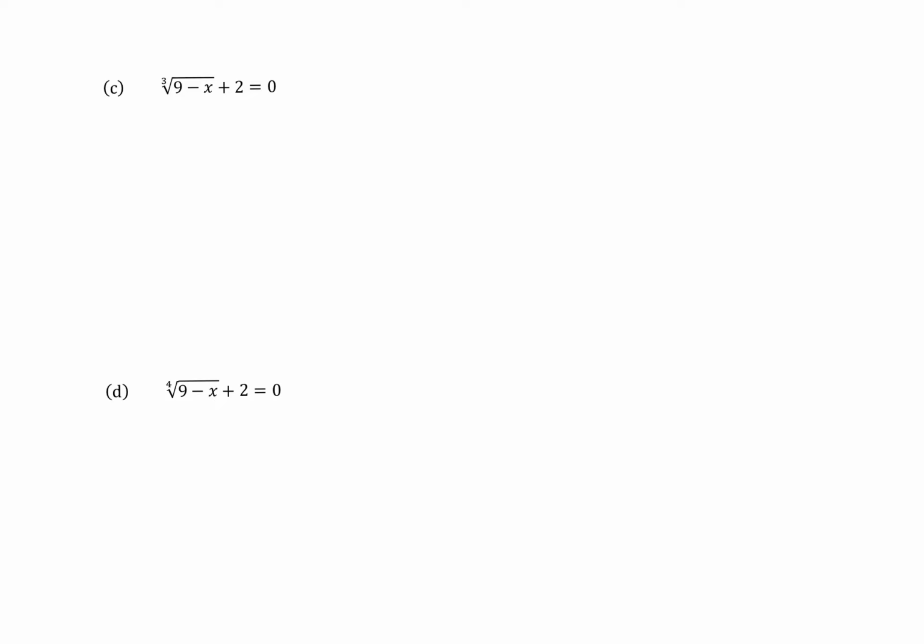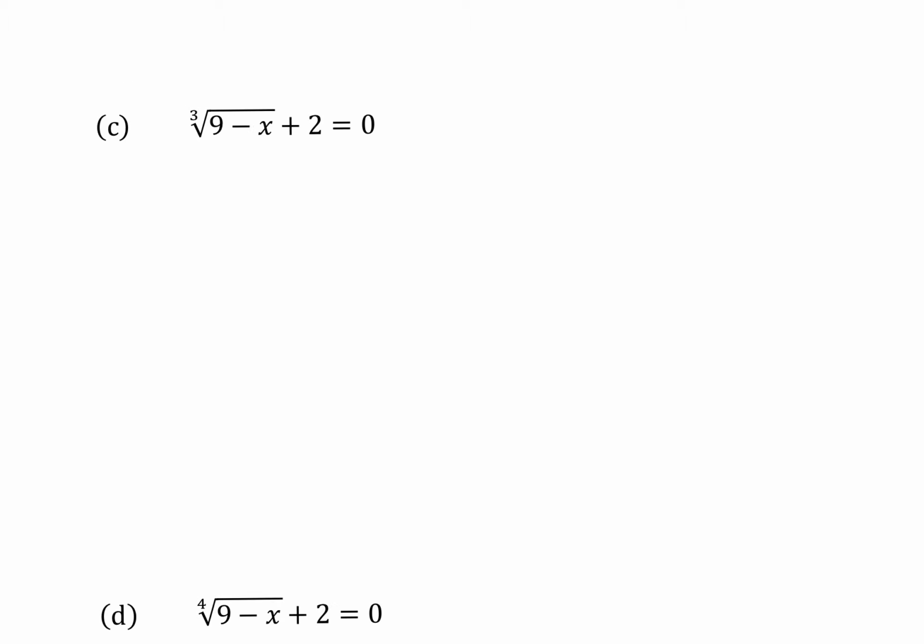Now let's look at some examples where we have higher roots. In part C, we have a cube root, the cube root of 9 minus x plus 2 equal to 0. So the process is still going to be the same. We're still going to get the root by itself. I would subtract 2 from both sides to get the cube root of 9 minus x equal to negative 2. And then at this point, to get rid of the cube root, I'm going to cube both sides.